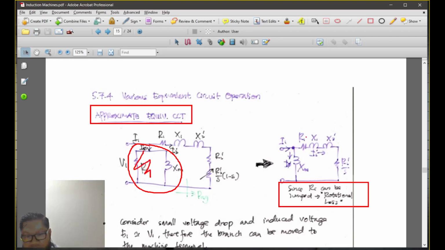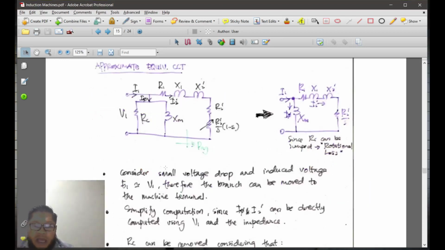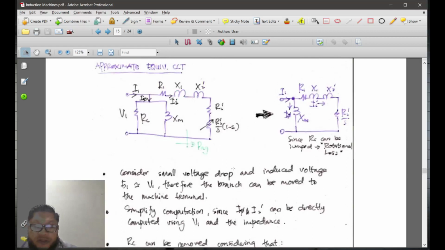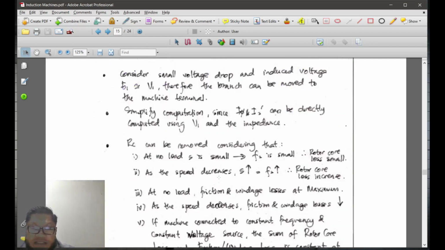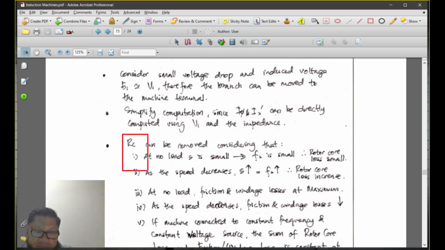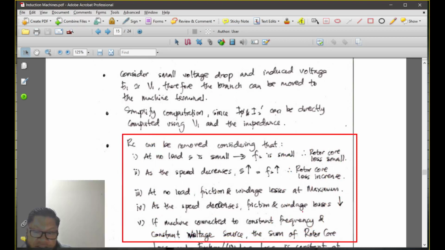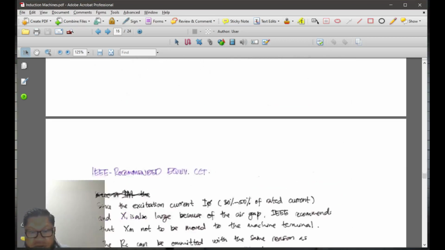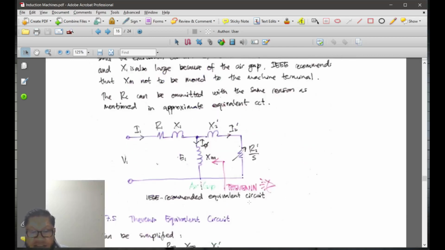So you get this one, and here we have XM. Considering small voltage drop, to simplify computation, RC can be removed since at no load it is small. So the justification to remove that is listed here. Try to understand, so that means you can simply remove RC.